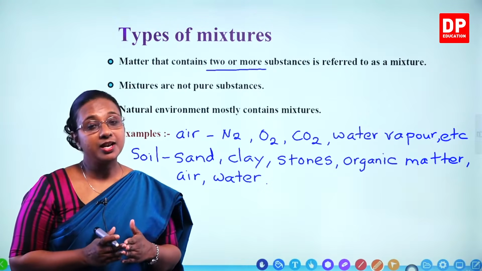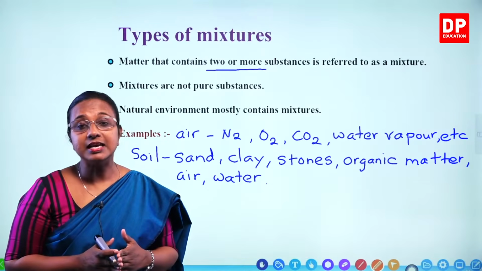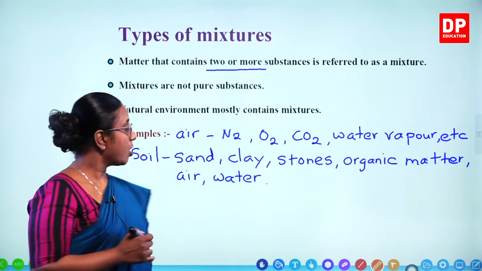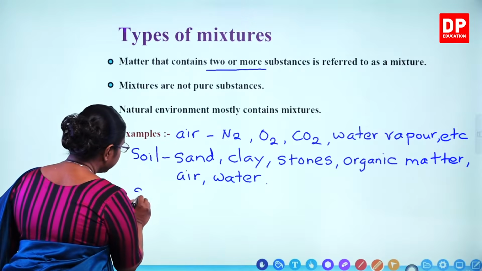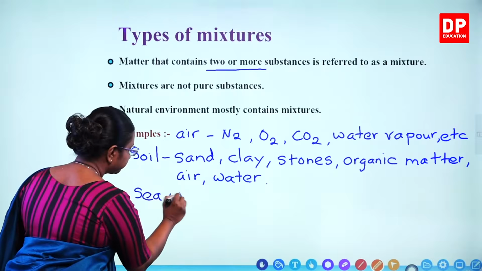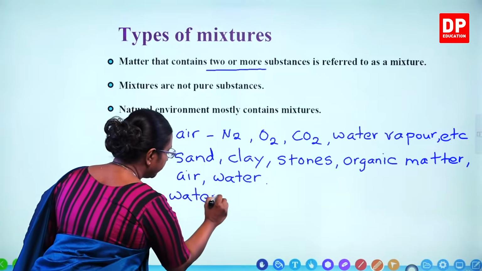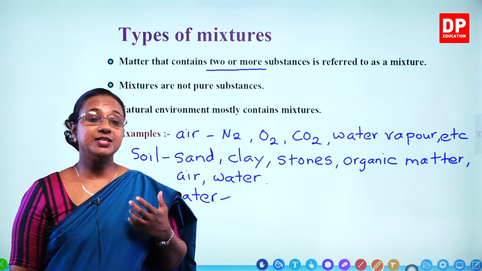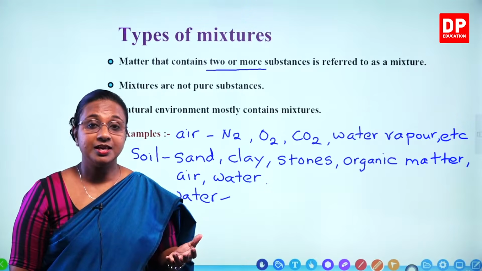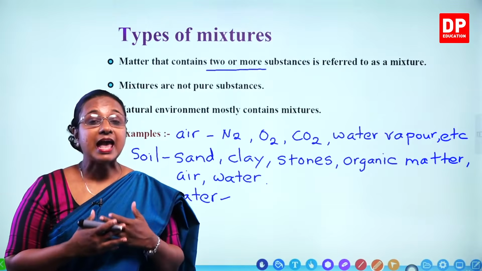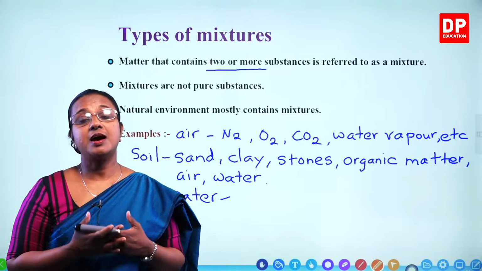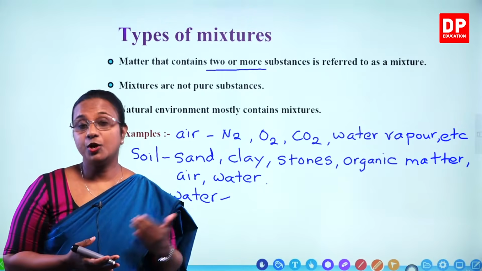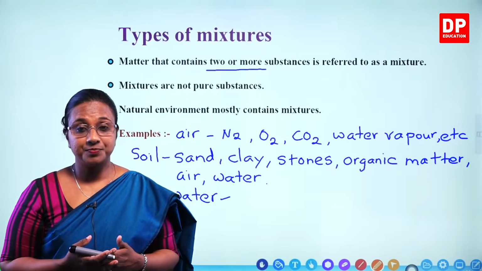Like this, you can think about many other examples. If we take the sea water, we see it as water. But if you taste it, I am sure you would have done it before, you know it is very, very salty. The reason is, in addition to water, there are many salts dissolved in it. We have discussed this in your previous grade as well.